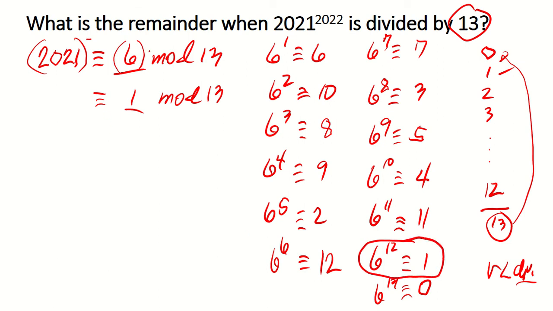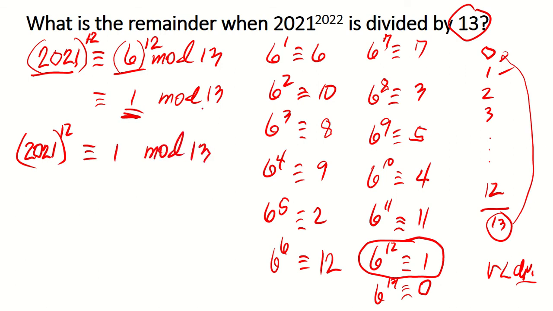We have to note that if the exponent is 12, then we have a 1 here. So it must be divisible by 12. By that, we have 2021 raised to the power of 12, which is congruent to 1 modulo 13. 2021 raised to the power of 12 is congruent to 1 modulo 13, which is very important.